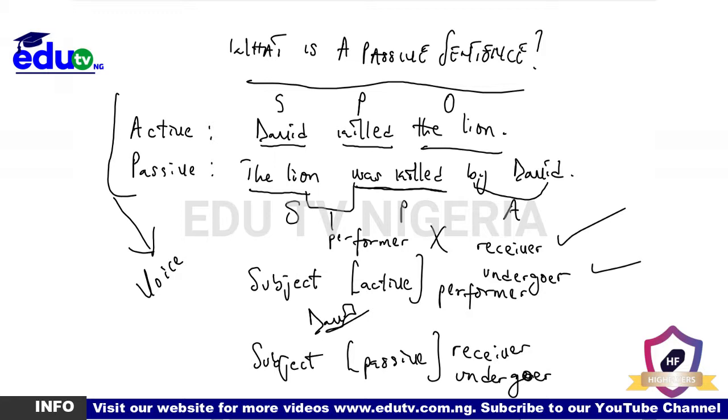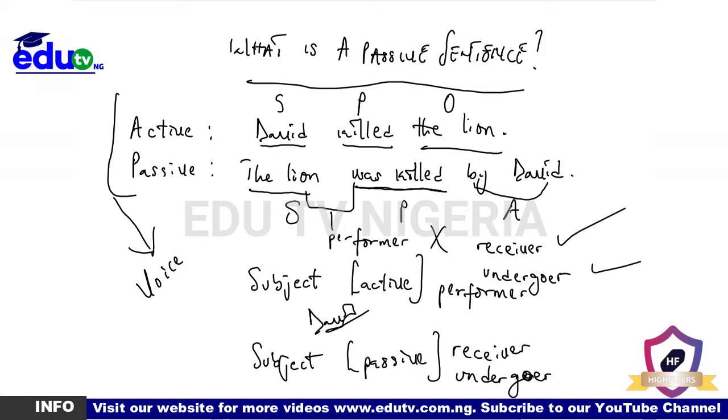And if you've actually watched our video on sentence or clausal elements, you would realize that normally we say that the subject is supposed to be the performer of an action. So in the active sentence, the subject is actually the performer of an action. Killed is your action, the lion is the receiver of an action, because we also say that the object is usually the receiver or the undergoer of an action.